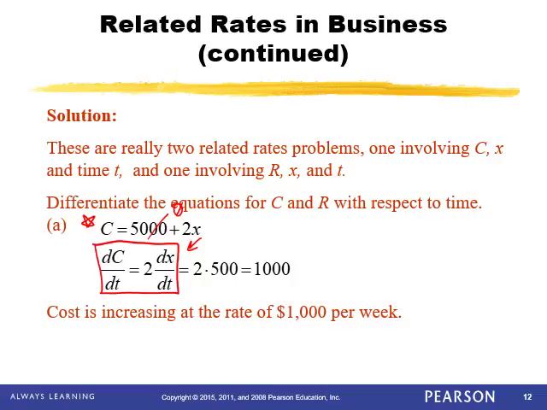So the cost is increasing at a rate of $1,000 per week for every 500 radios, as we make an increase of 500 radios.